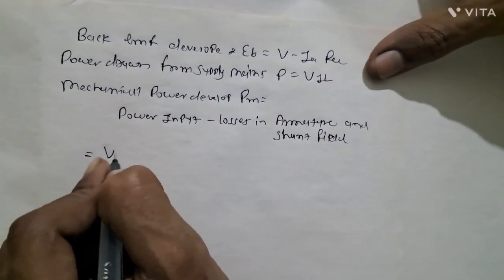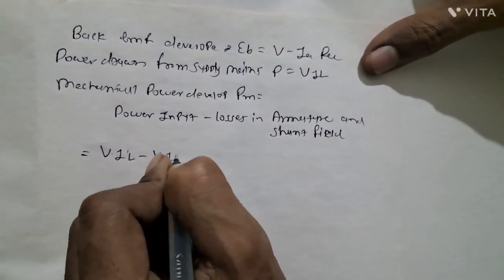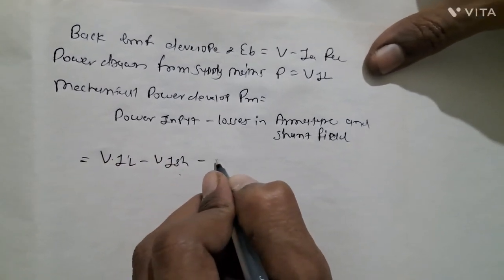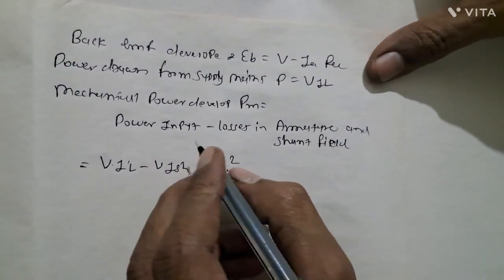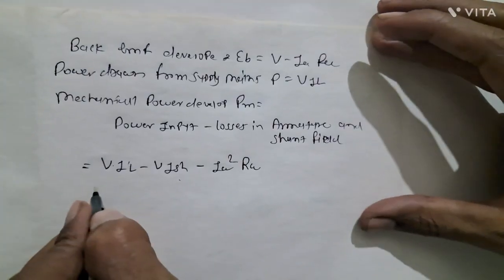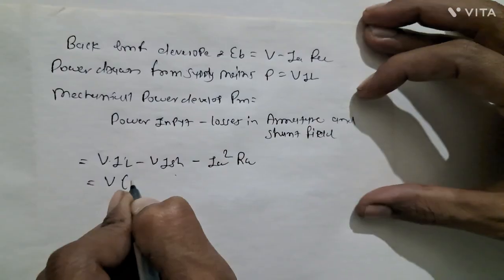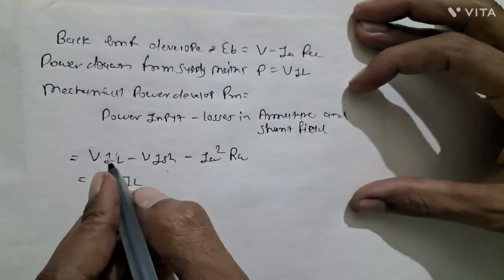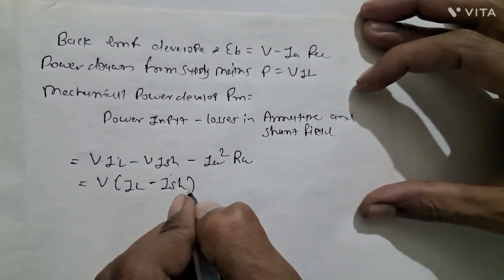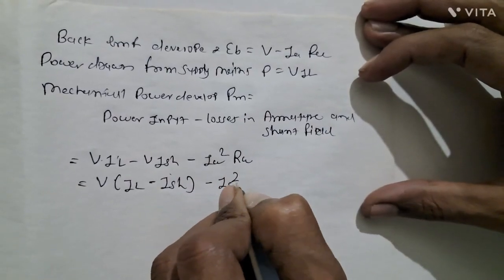The equation is V IL minus V ISH, where ISH means shunt field current, minus IA square RA. This equation becomes V in brackets IL minus ISH, minus IA square RA.